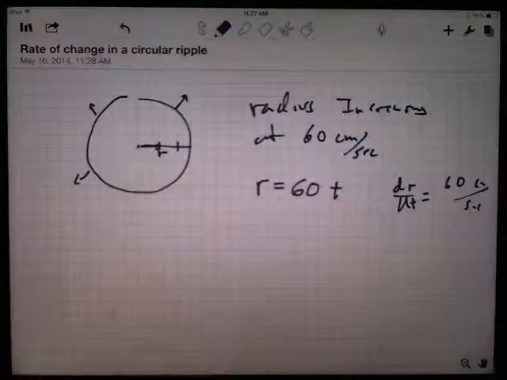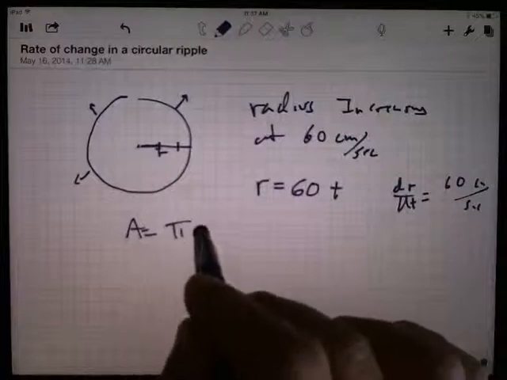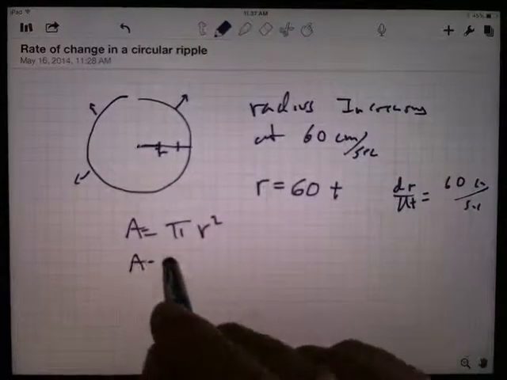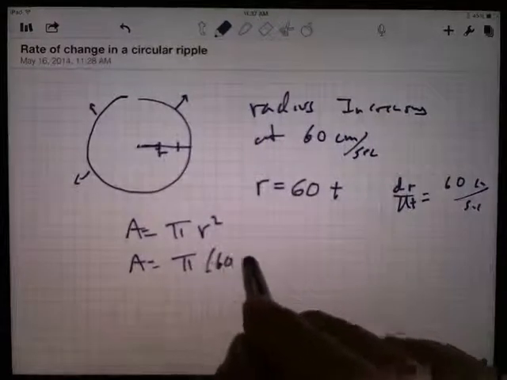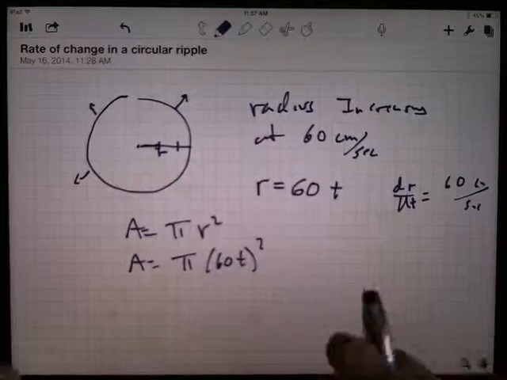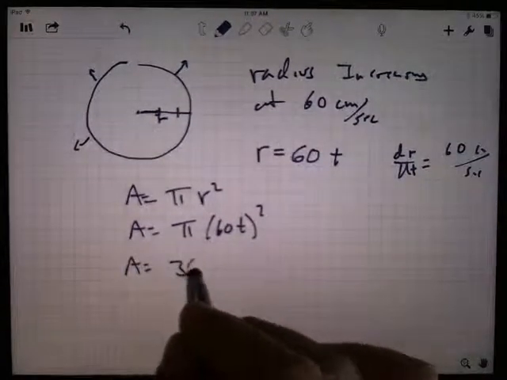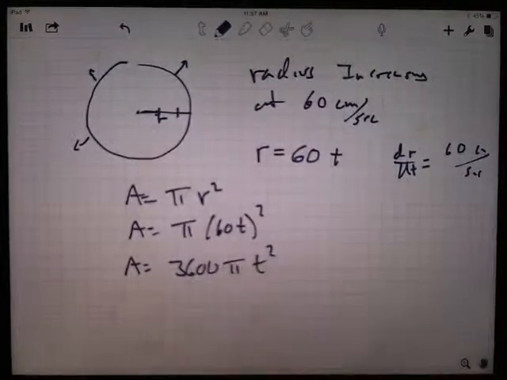Now, what I'm really interested in is the area, and I happen to know that the area of a circle is pi times the radius squared. So plugging that in, I have the area as a function of time. This is pi times (60t) squared, so the area is 3600 pi times t squared. So now I can talk about the rate at which the area is changing.